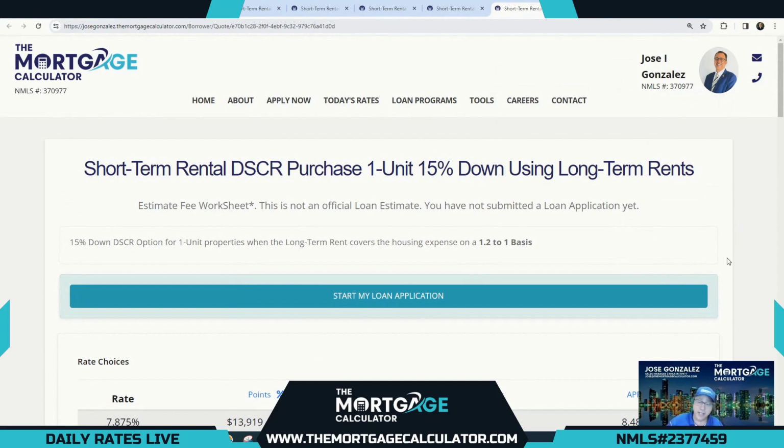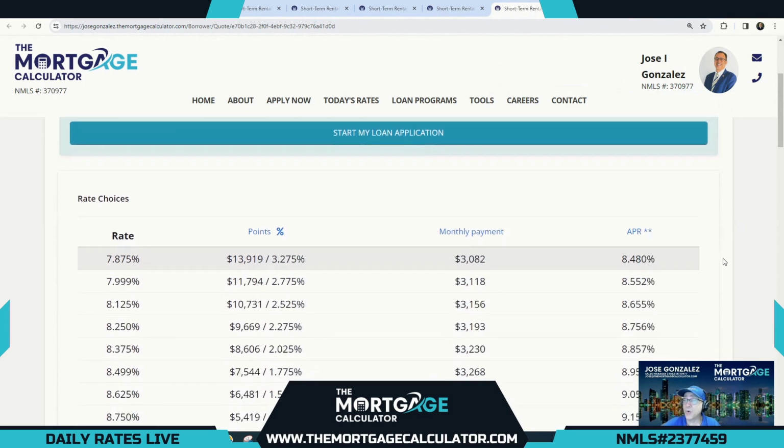And if the long-term rents cover on a 1.2 to 1 basis, that's the key here, 1.2 to 1, meaning that the long-term rent covers the total housing expense by 120%, then you are good for this 15% option, the unicorn in the DSCR world.